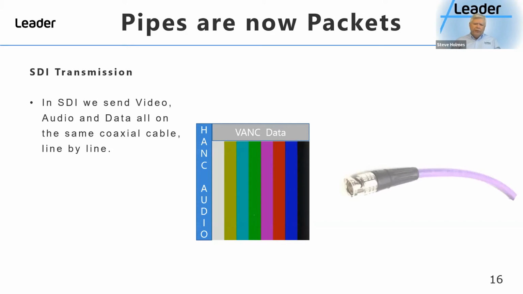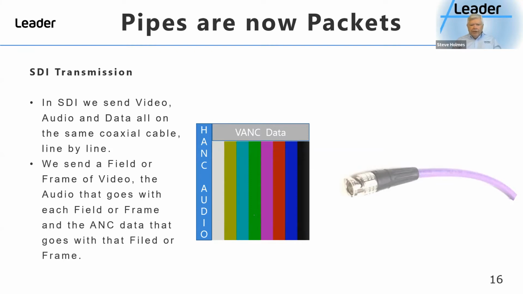We had our vertical data, our picture data, and the horizontal interval with the audio in it, and we put all of that on one coax. Where the coax went, all of that data went with it. The timing information was built into that, and everything went through just fine. So when we send a field or frame of video, everything went with it.